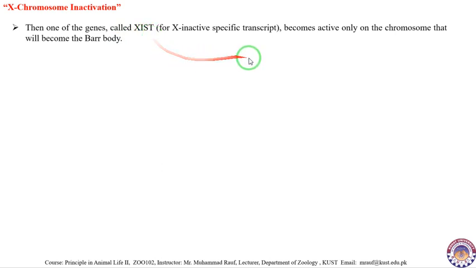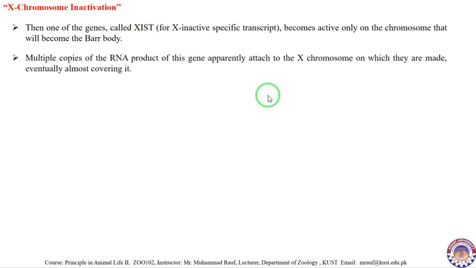Multiple copies of the RNA product of this gene apparently attach to the X chromosome on which they are made, eventually almost covering it. So XIST produces several copies of an RNA, and then this RNA covers the particular chromosome on which that active XIST gene is present.